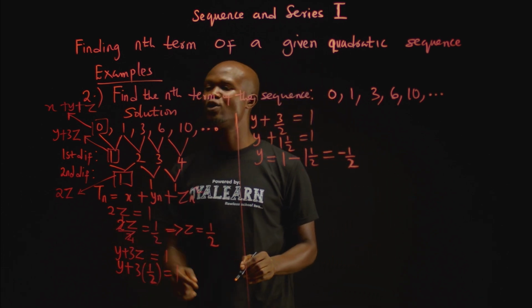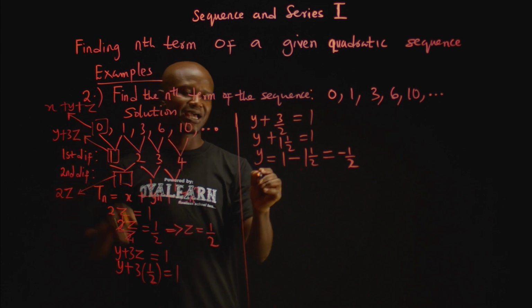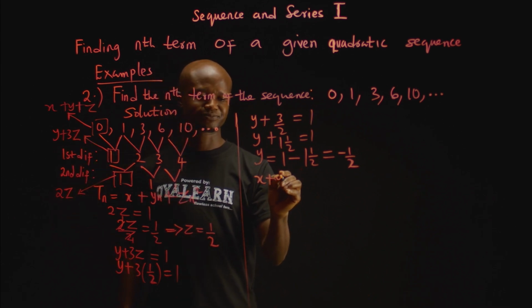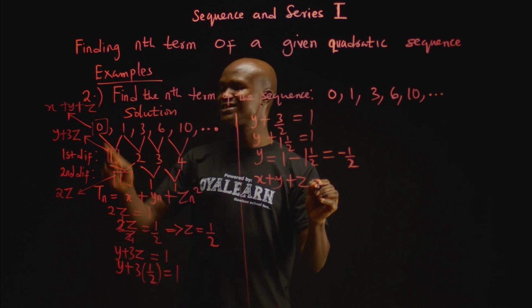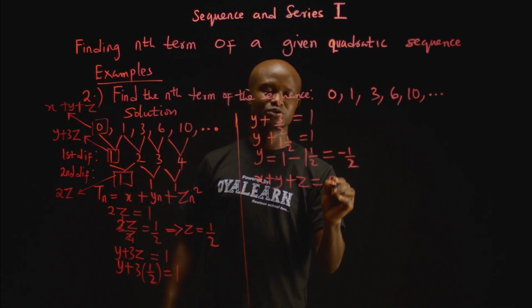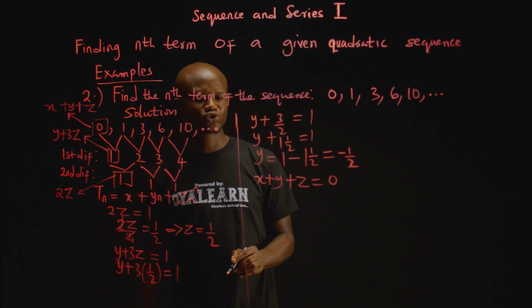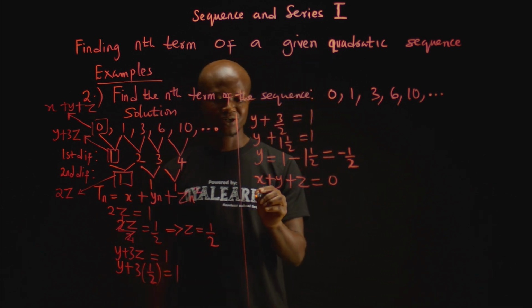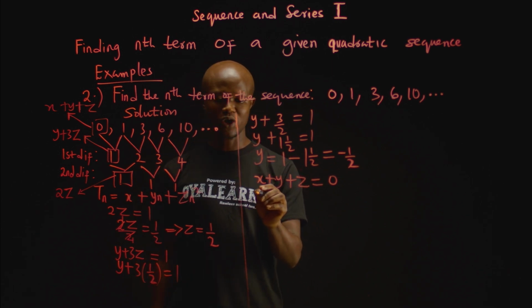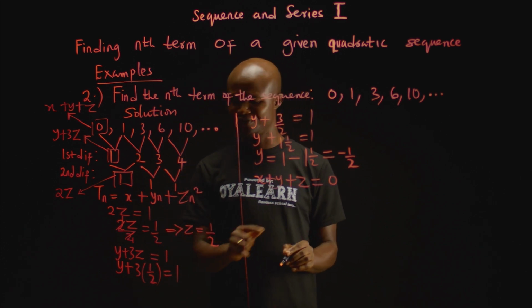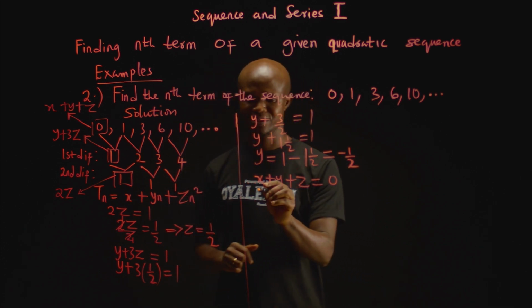Now we need to get the value of x. From here, x plus y plus z, which represents the first term, equals 0. So we substitute the values of y and z.